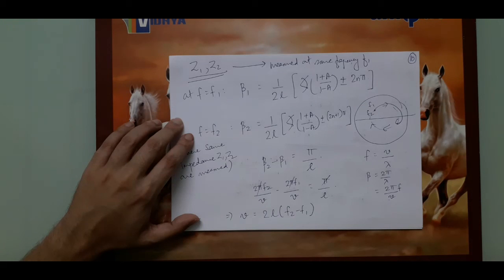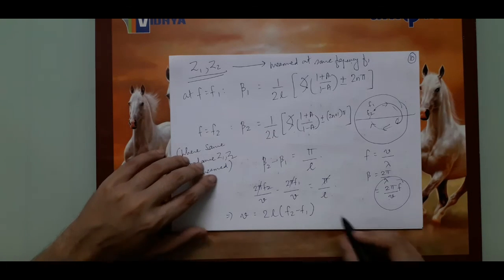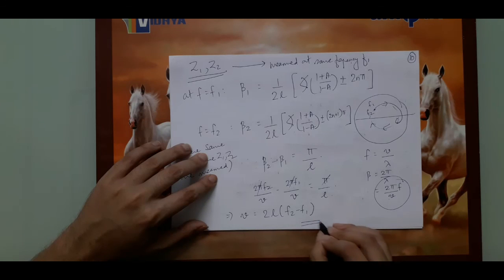So at whatever frequency you want to measure, beta is 2 pi f by v. Therefore, from this I can say that beta at any frequency f, remember Z0 may or may not be a function of frequency, alpha is never a function of frequency, but beta can be.